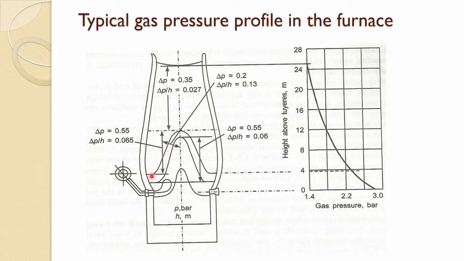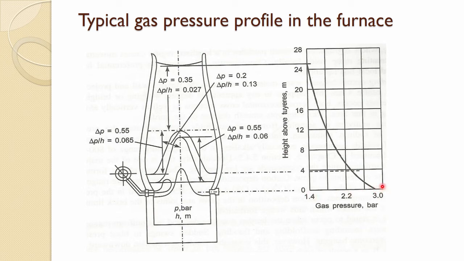So, this is the importance of the cohesive zone, because this is the one which offers maximum resistance to the flow, and that is why lots of charge preparation is needed to control that and to narrow it down. So, this can be reduced.